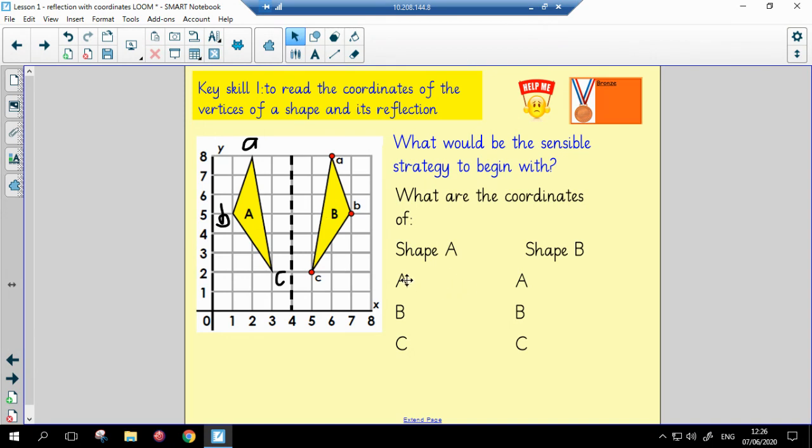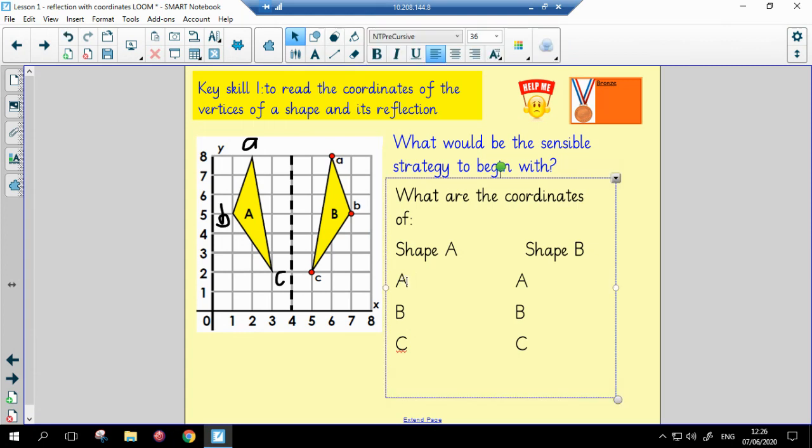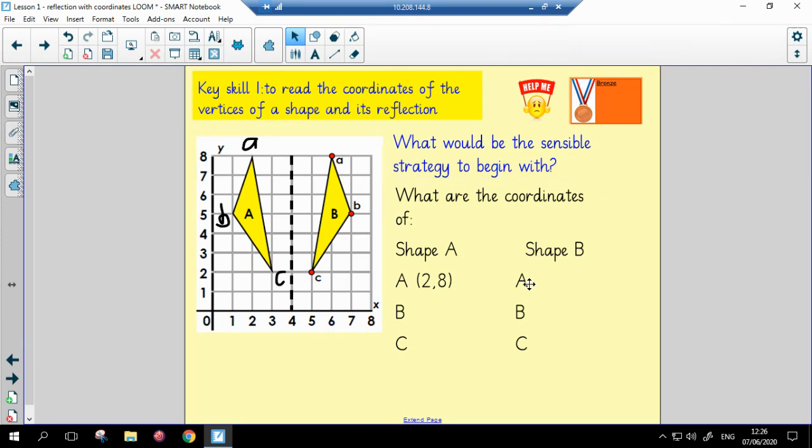So shape A is the shape that's being reflected, but I can see that point A is at 2, 8, and point A on shape B is at 6, 8.